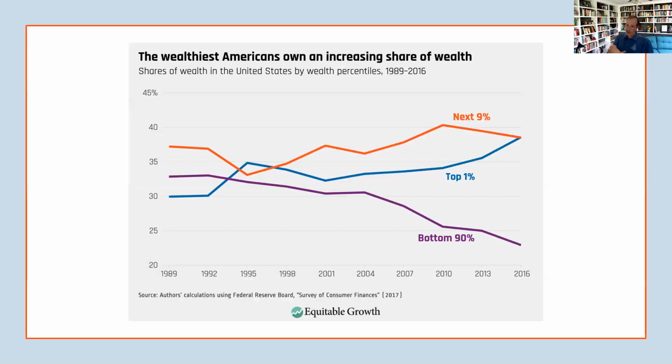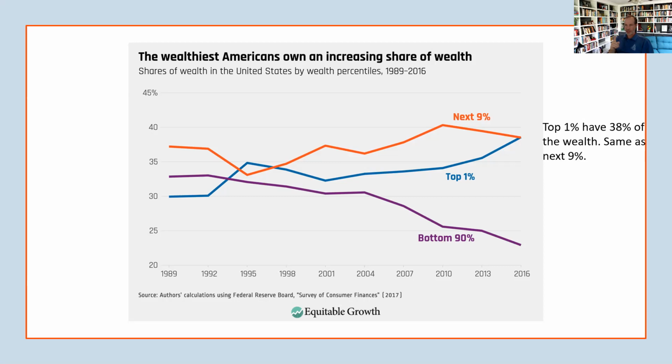We'll look real quick at who has the wealth, or where is the wealth in our country? The bottom 90%, roughly 270 million people, control 24% of the wealth. The top 1%, a much smaller number, have 38% of the wealth, which is the same amount of wealth as the next 9%.